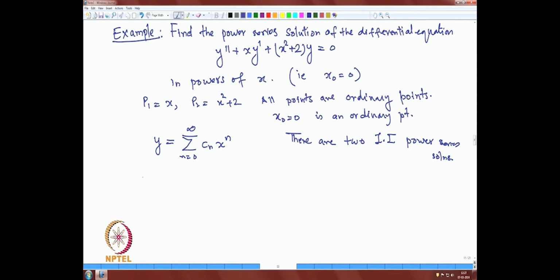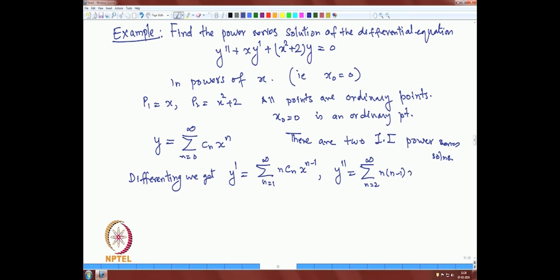So, what we do is by differentiating, we get y prime. y prime is summation n goes from 1 to infinity n into Cn x to the power n minus 1, and similarly y double prime is summation n going from 2 to infinity n into n minus 1 Cn x to the power n minus 2.